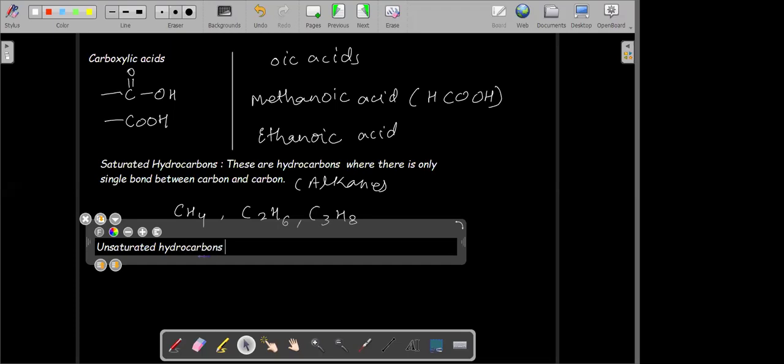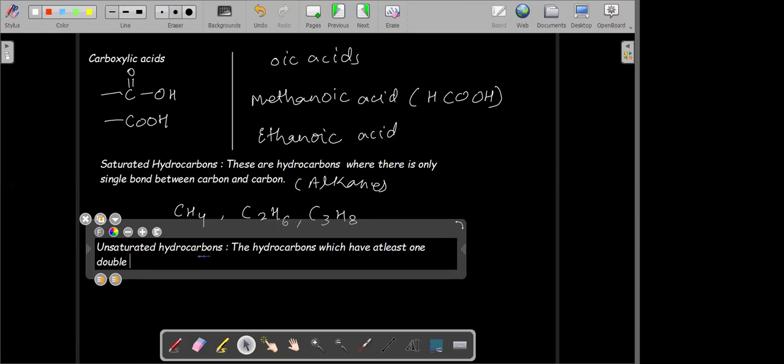Unsaturated hydrocarbons. So what are unsaturated hydrocarbons? The hydrocarbons which have at least one double or triple bond between carbon and carbon.